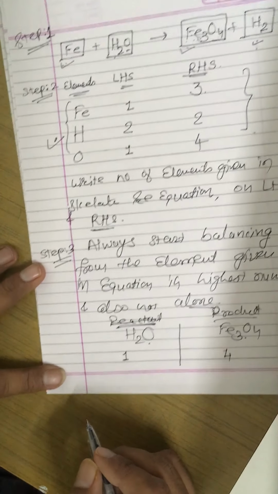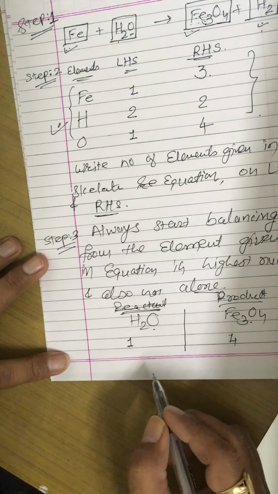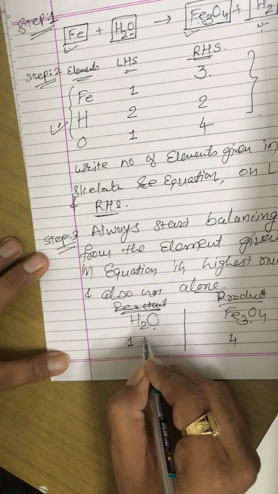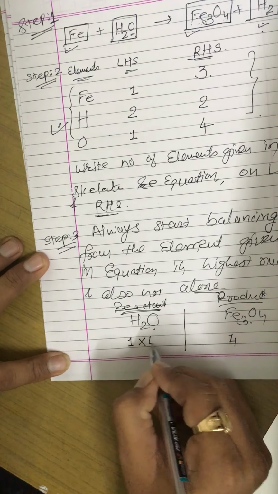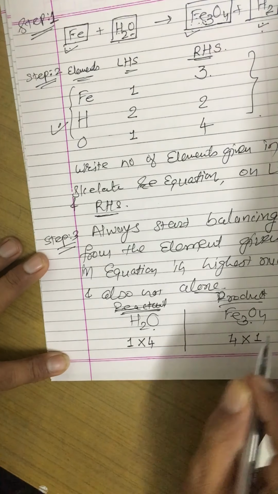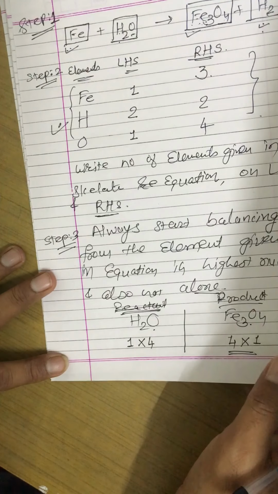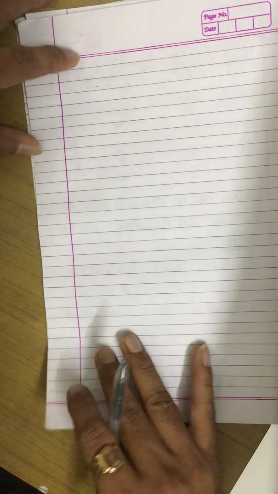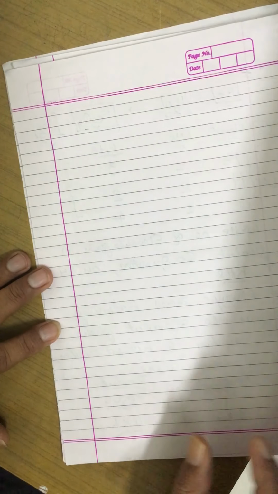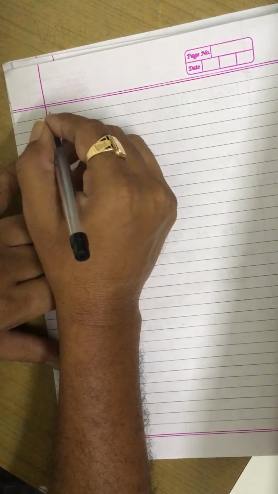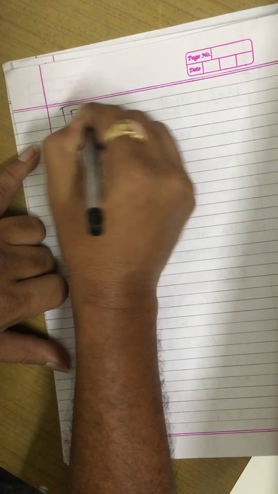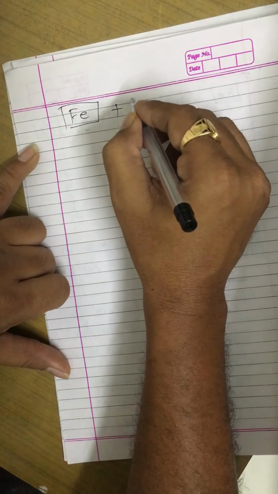What is the best way to balance it? The best way to balance it is to cross multiply. Here we multiply by 4, here we multiply by 1, or we can say it is not necessary to multiply by 1. Now look here, friends, in the next step, step number 4, Fe is there, boxes are here, friends.